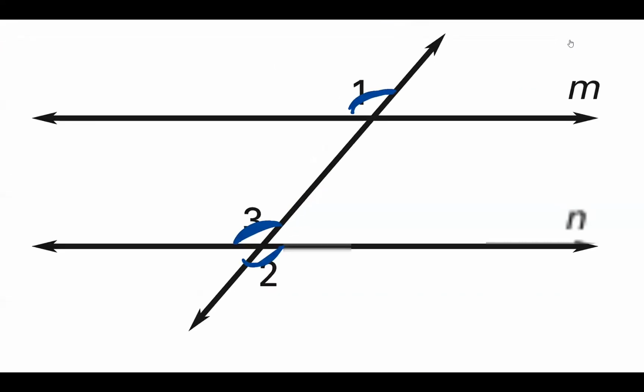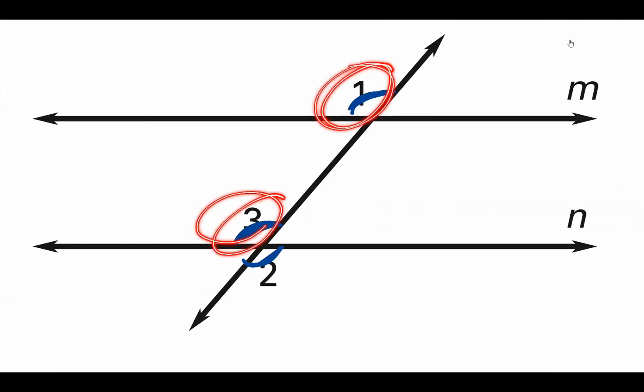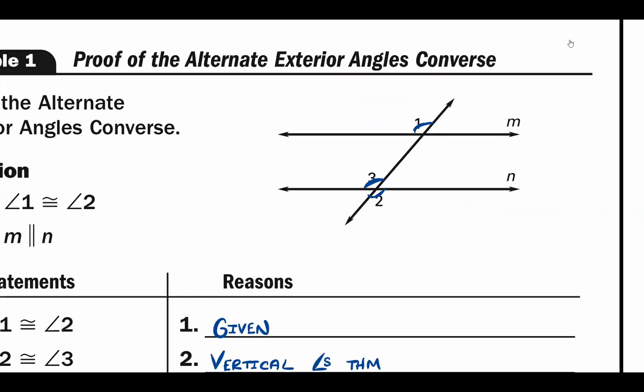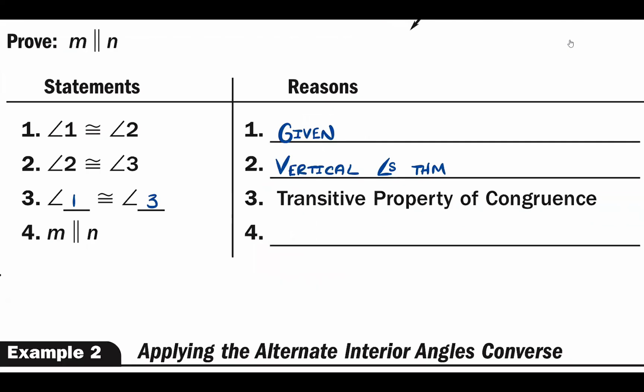When I look at this picture, 1 is on the left side, 3 is on the left side. 3 and 1 are both on top of their parallel lines. What kind of angles do we call that? They're on the same side, 1 in, 1 out. Those are corresponding angles. Good. So corresponding angles converse.